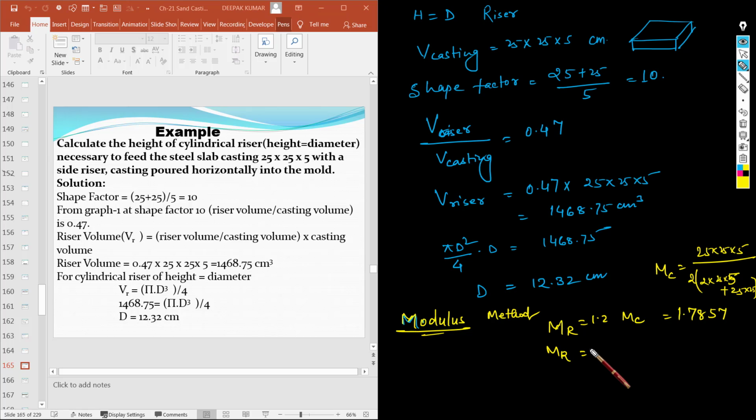So MR is equal to 1.2 into 1.7857, how much is that? You get 2.1428. Now this MR is D by 6, equal to 2.1428. So D is equal to 12.85.